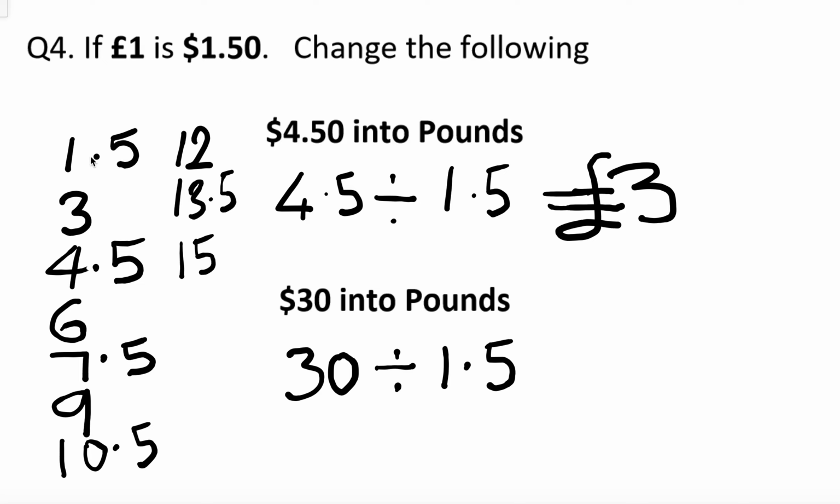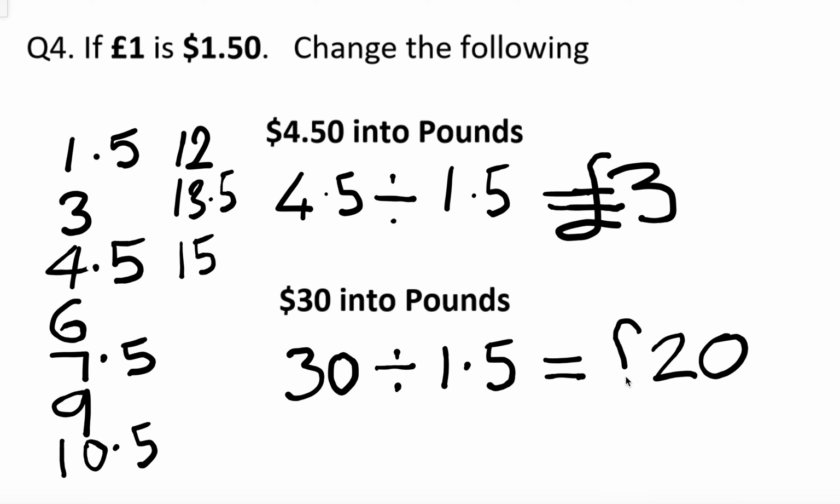So how many is that? 1, 2, 3, 4, 5, 6, 7, 8, 9, 10. So 10's in 15. If you double 15, you get 30. So that would be 20. But you can use a calculator. So the answer would be 20. 20 what? You know what the answer is?